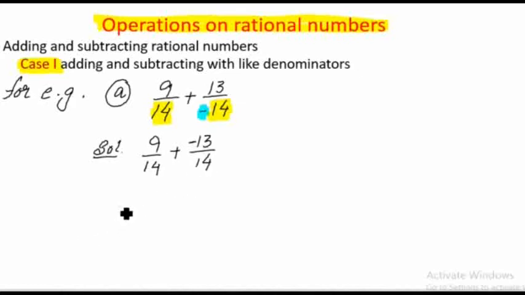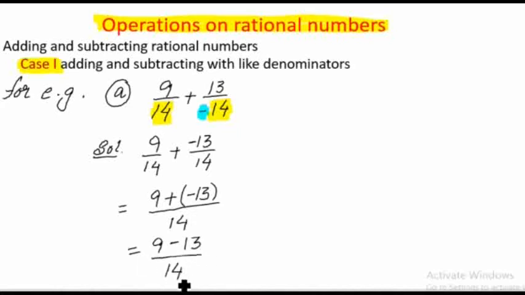So when denominators are same, directly we can write 14. If we take the LCM, the 14 will come only. So directly we write 14, and in numerator we can add 9 plus minus 13. So we get 9 plus into minus, we get minus 13 upon 14.